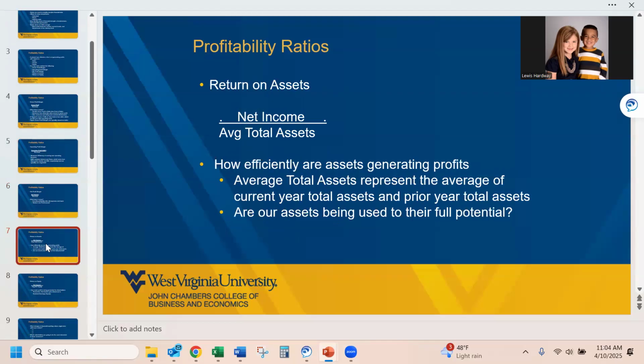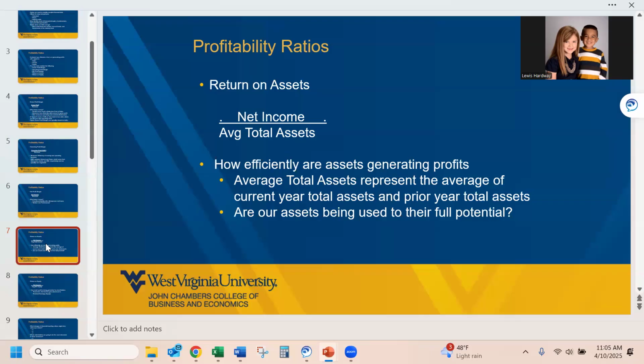Return on assets. If you think about it, return on assets is net income over average total assets, average being 12/31 last year and 12/31 this year, averaged together, divided by two. The idea is that we use our assets to run our operations.